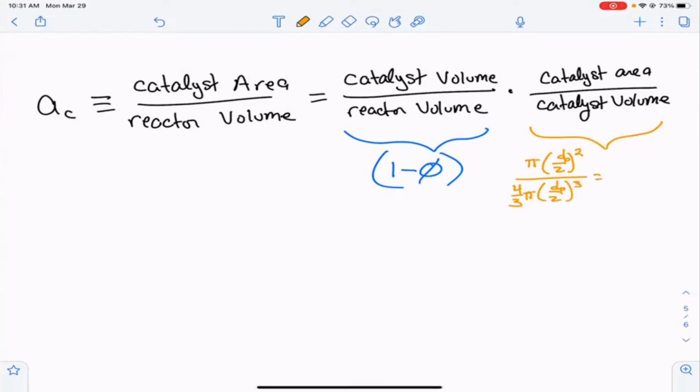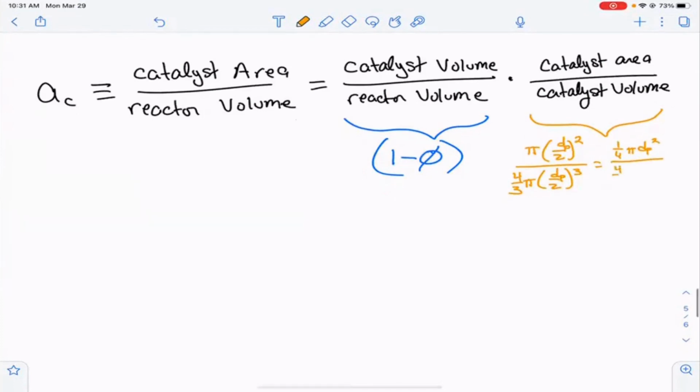And if we look at this, right, this is just 1/4 pi times the diameter of the particle squared divided by, then this becomes 4/6 times pi times the diameter of the particle cubed. And of course, those 4's cancel, and that just becomes 6 divided by the diameter of the particle.